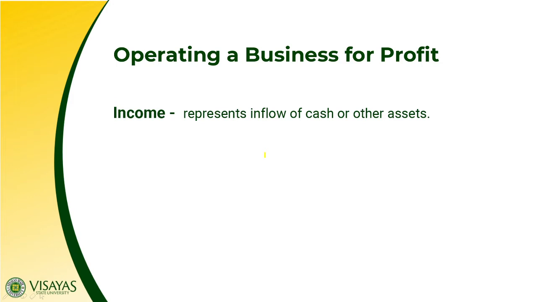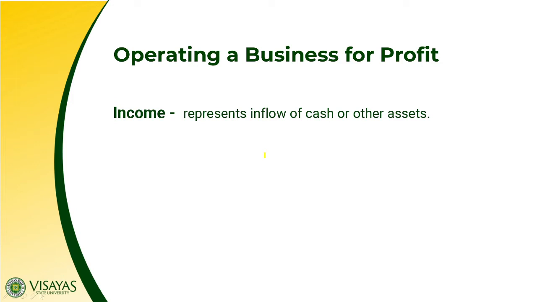When revenue is recorded, the assets will increase or the liabilities will decrease with a corresponding increase in the owner's equity. Again, if the revenue is recorded, the assets will increase or the liabilities will decrease with a corresponding increase in owner's equity.